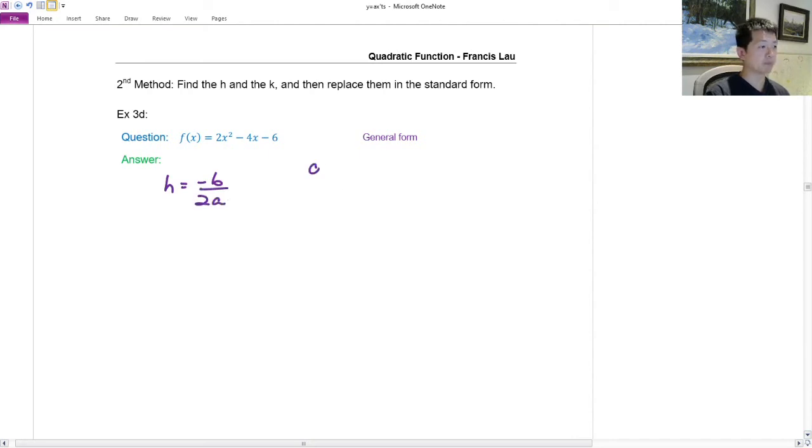So what is my a? a is 2, b is minus 4, and c is minus 6. Now to find h, I just need to replace minus 4. Okay, because the equation has a minus, but the b is minus 4, so that's minus minus 4. Very important to remember. Now 2 times a, which is 2, I'll have actually 4 over 4, which is 1. So my h is going to be equal to 1.